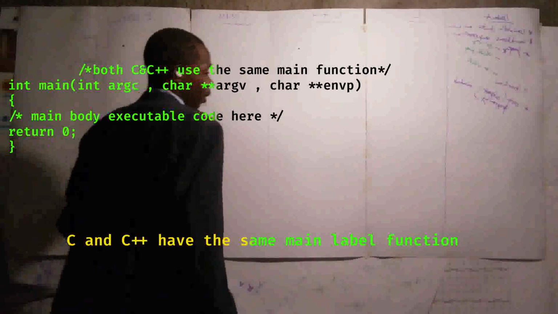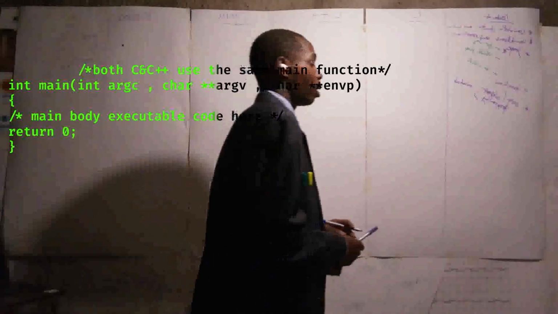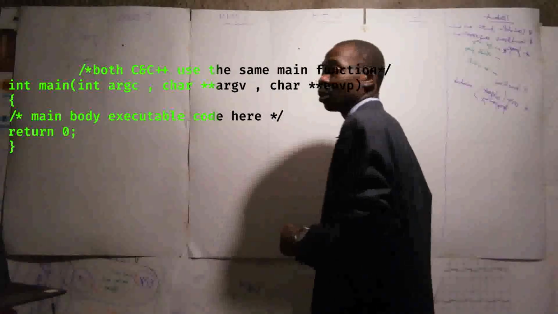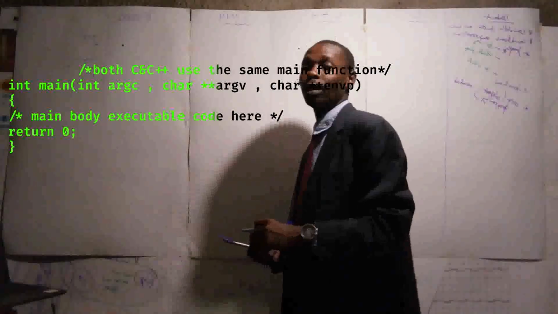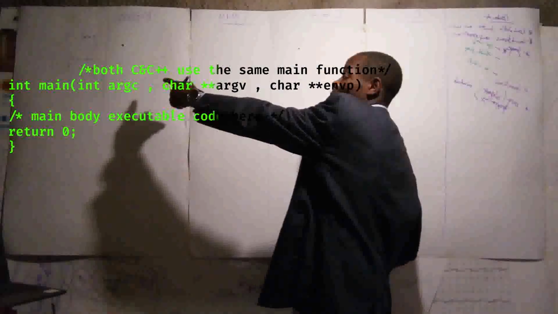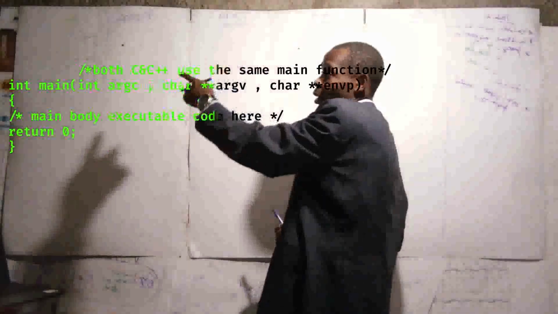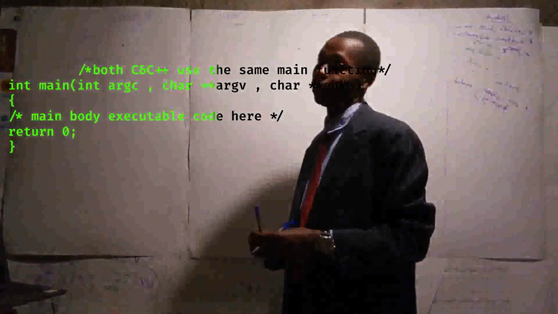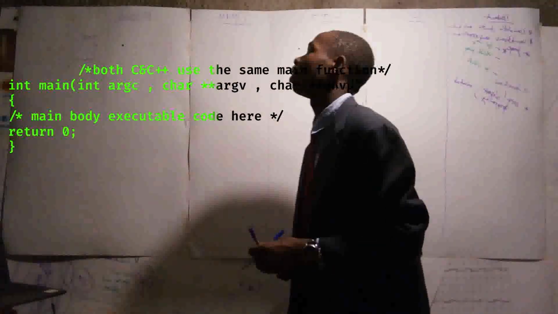We return 0. The reason we return exit status 0 is to tell the operating system the program ran correctly without errors. If the program returns non-zero, it tells the operating system the program had errors in running.